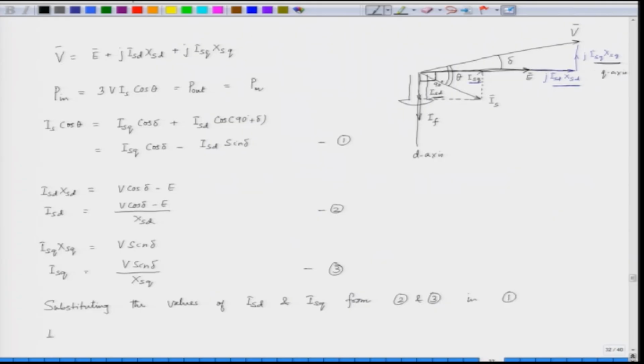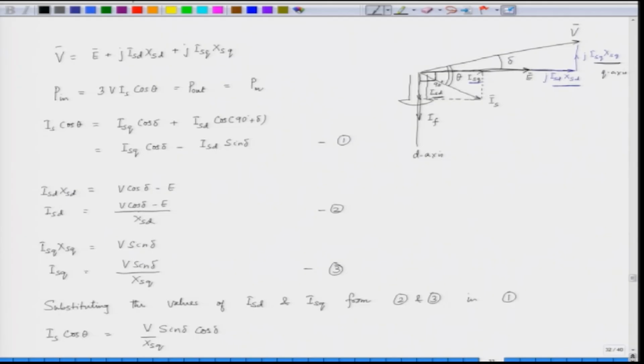So, what is I S cos theta? I S cos theta is I S Q. I S Q is V sin delta by X S Q. So, we get here V sin delta by X S Q into cos delta, and then minus I S D sin delta.